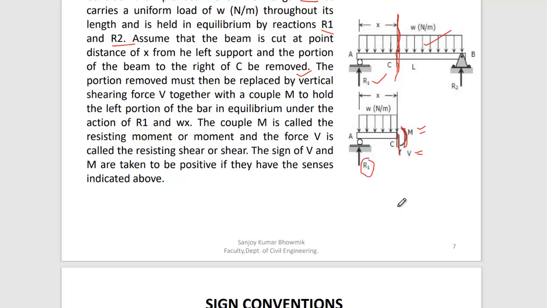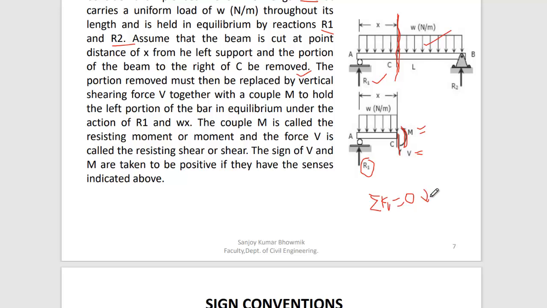Sir, maybe V we can calculate by taking summation of vertical loads. Exactly. If you take summation of vertical load, R is known, V is unknown, and wx is known, a given value. So the unknown can be calculated by summation of vertical forces.